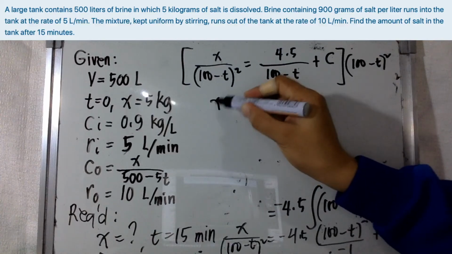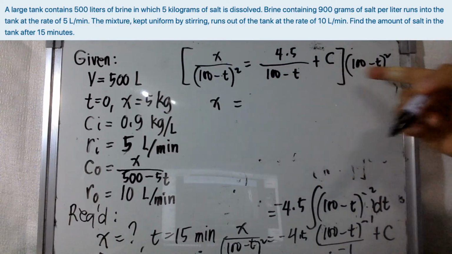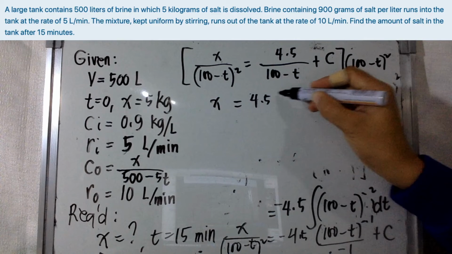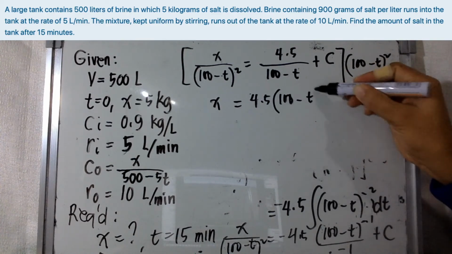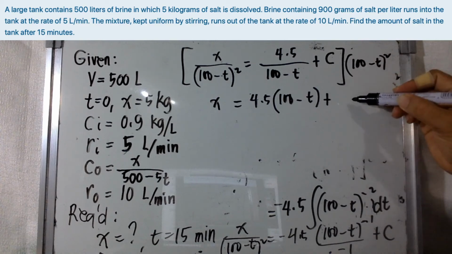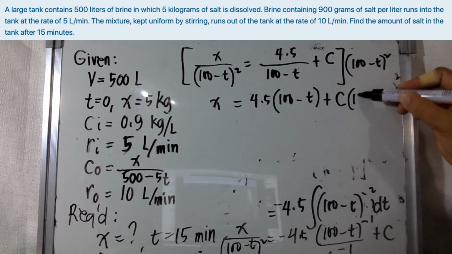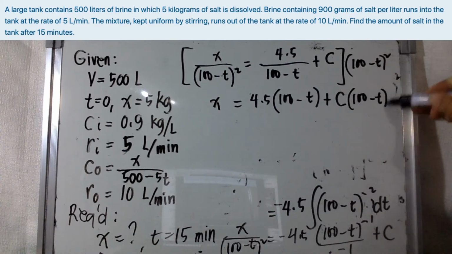So we have now x equal to 4.5 times, of course, we still have 100 minus t in the first term, plus c times 100 minus t squared. This is our general solution.